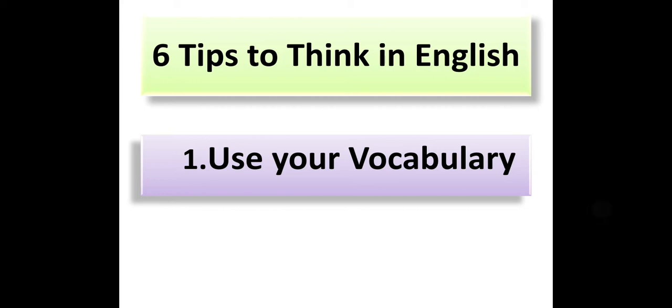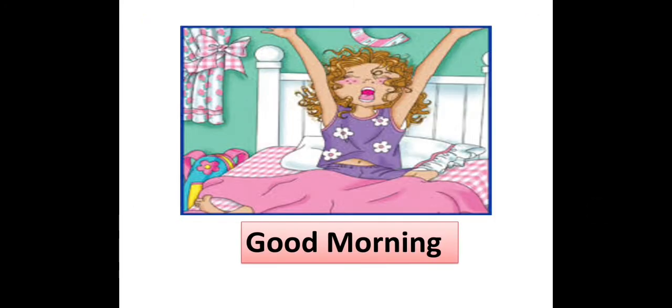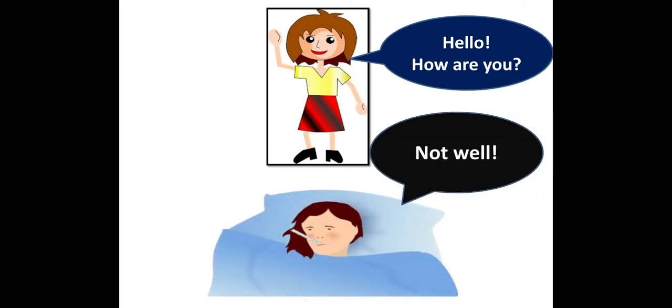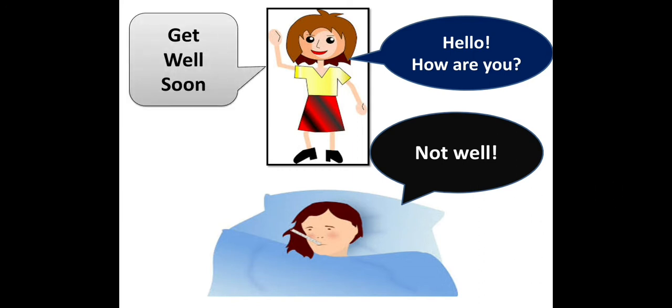Those words can be any kind of words like greeting others by saying good morning, or when you meet someone saying hello, how are you, or when you are not well saying not well, or when somebody says I'm not well to say get well soon, or to say take care.